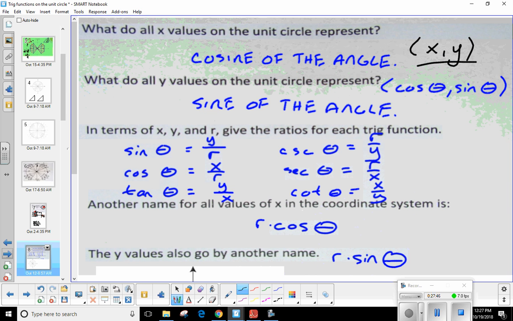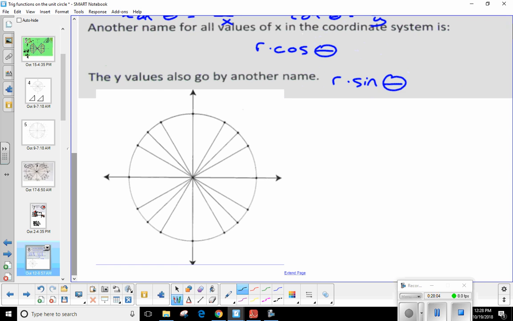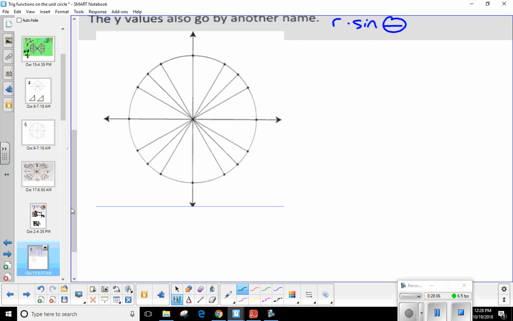Well, when we're talking about the unit circle, the points on the circle itself, we're going to be looking at those in terms of cosine and sine. X is the cosine, y is the sine of the function. Now, when you think about it, this kind of makes sense. This is the x-axis, this is the y-axis, so this is the origin right here.